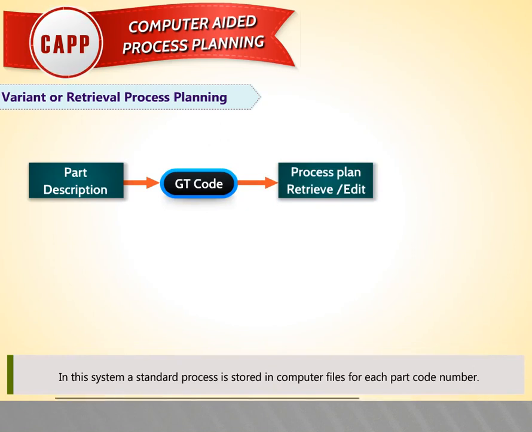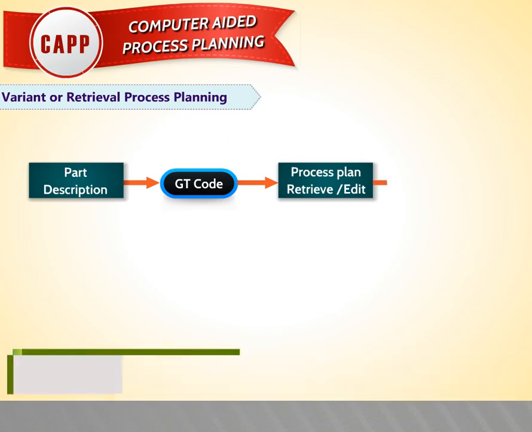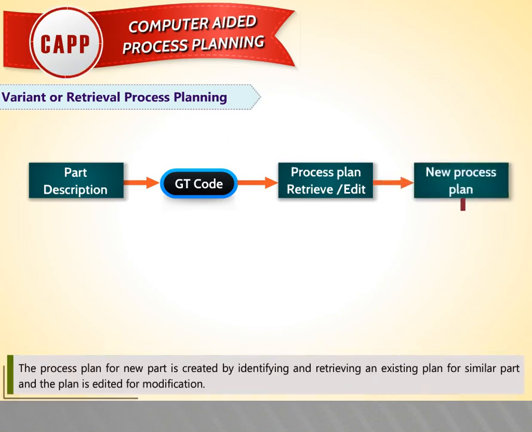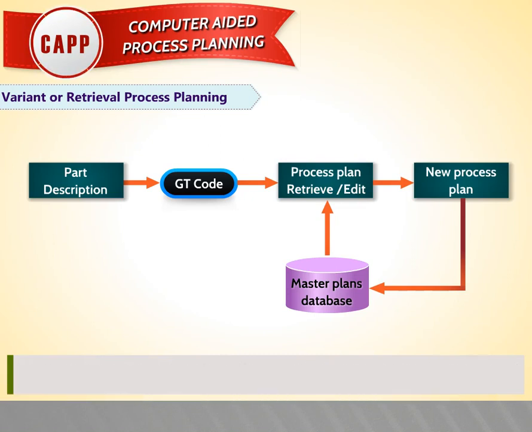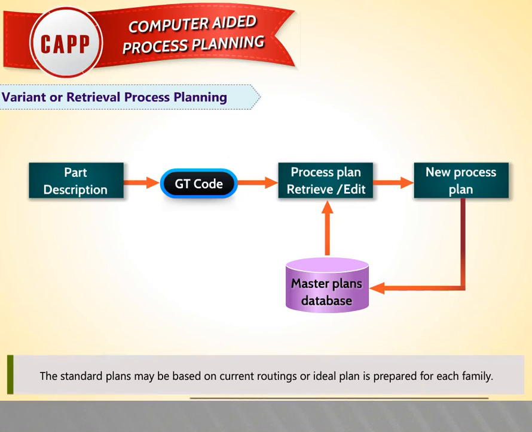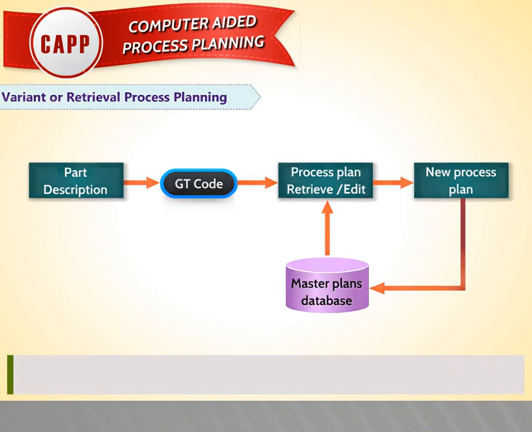In this system, a standard process is stored in computer files for each part code number. The process plan for a new part is created by identifying and retrieving an existing plan for a similar part, and the plan is edited for modification. The standard plans may be based on the current routings or an ideal plan is prepared for each family.